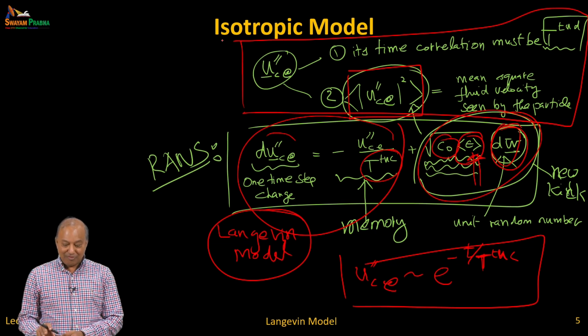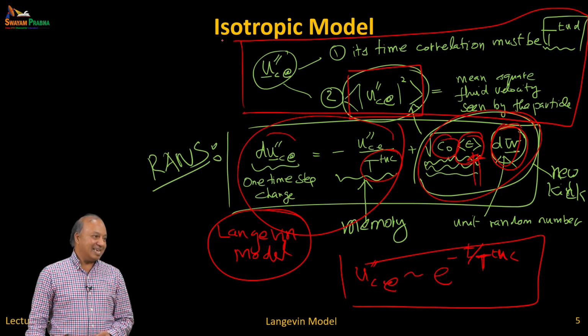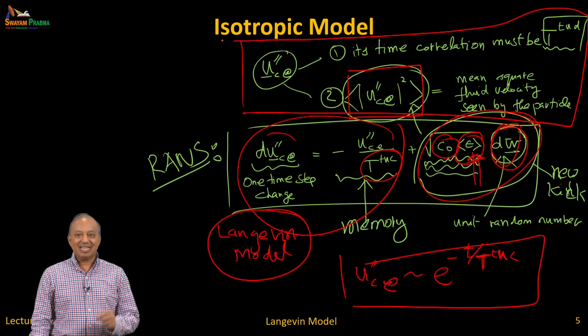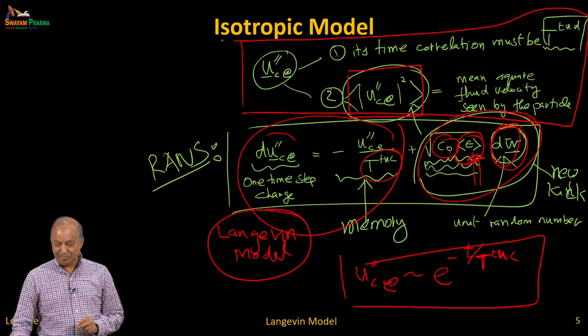But one thing that you have to notice, the challenge here is the time scale, the correlation time scale. You will not get it automatically in a RANS or in an LES. So a lot of what I'm going to talk about is how do we get this time scale, big T. Okay. Any other questions?